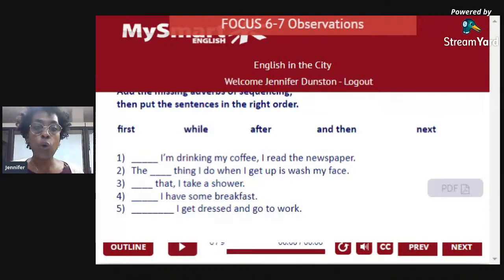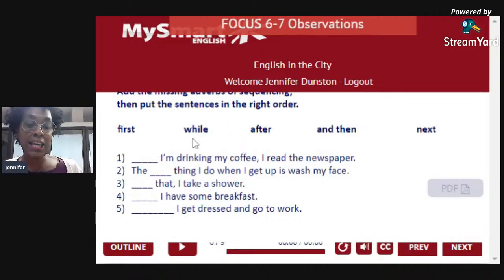All right. So we have different adverbs at the top of the screen. First, while, after, and then, next. And we have 5 sentences underneath. We want to fill in the blank with the correct adverb of sequencing. Okay. Now, we noticed before that while and when, while is also an adverb of sequence.